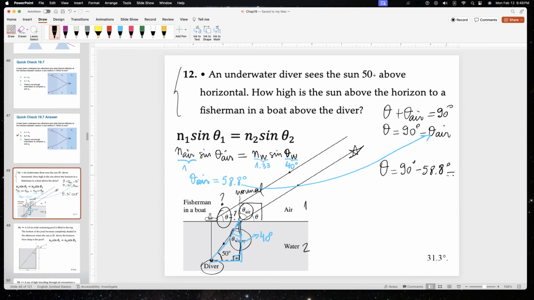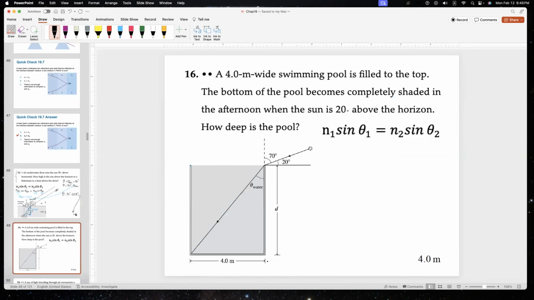So we get our answer, 31. I know your book says this would be 31.2, because your book rounded more than we did. You didn't need to give that extra digit actually. 31 is good. Okay, moving on.